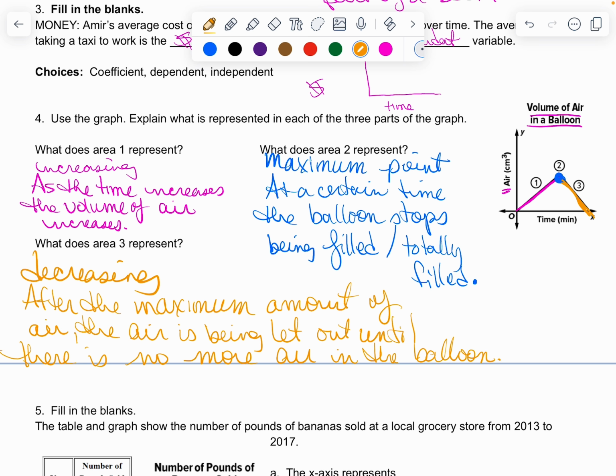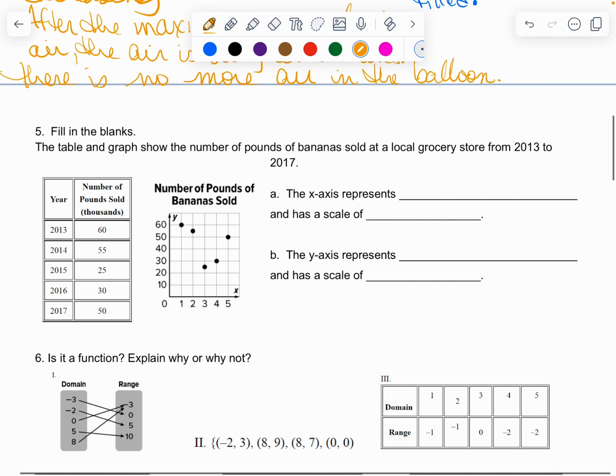Okay, so let's look at this next one. So the table and graph show the number of pounds of bananas sold at the local grocery store from 2013 to 2017. Okay, so if I'm looking at this, what does the x-axis represent?